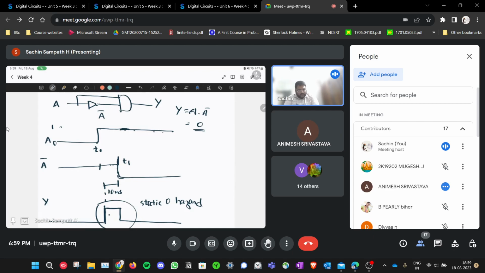I didn't understand your question, Animesh. Have they given you the input values? Have they given you any delay? If they simply ask you to write a timing diagram for the expression a plus bc, I am not sure what to write.